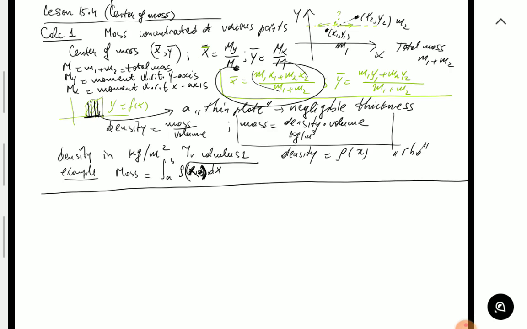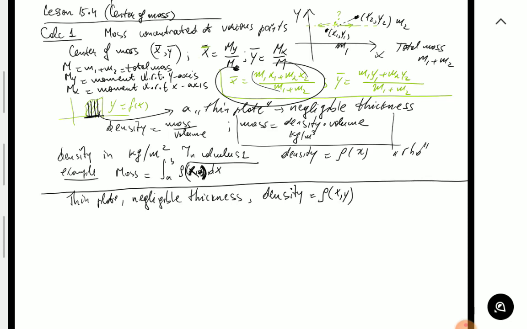So the object in question that we're going to talk about today is going to be a thin plate, negligible thickness, but we generalize it by saying that the density, given in units of mass over units of area, can now depend on the coordinates of the point on the plate. So not just on x, like in the previous case. So now it's more general, right?